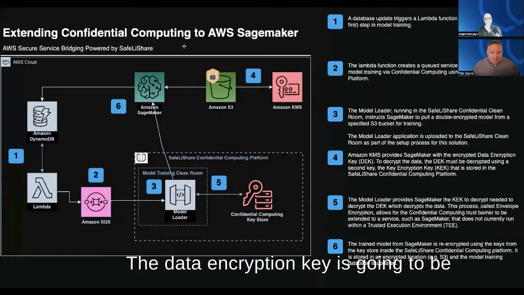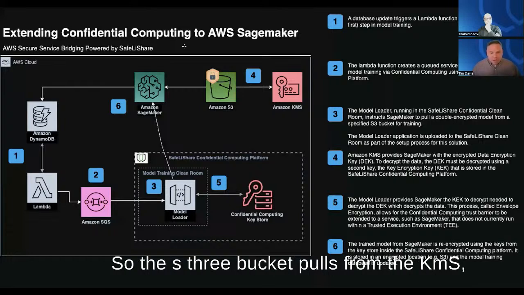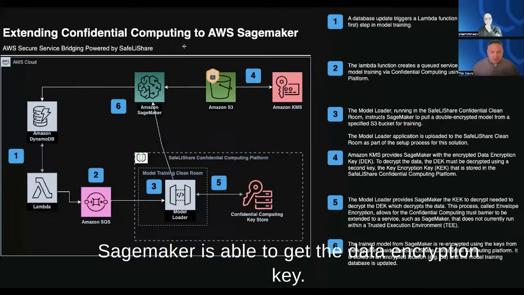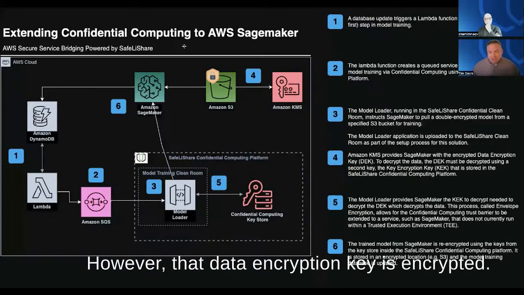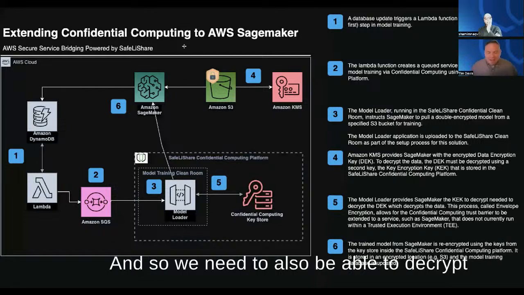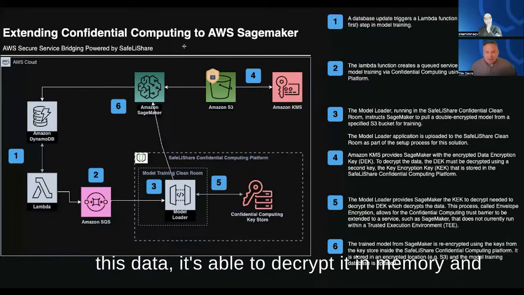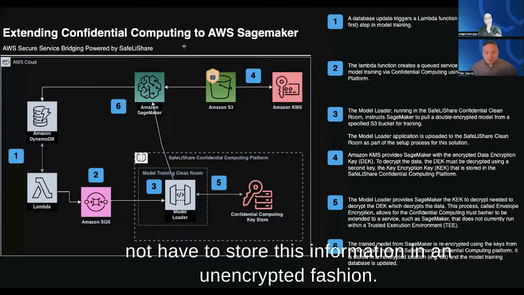The data encryption key is going to be stored inside of the Amazon KMS, right? So the S3 bucket pulls from the KMS. SageMaker is able to get the data encryption key. However, that data encryption key is encrypted. This is the envelope, right? This is the outside encryption layer. And so we need to also be able to decrypt the data encryption key so that as SageMaker is processing this data, it's able to decrypt it in memory and not have to store this information in an unencrypted fashion.